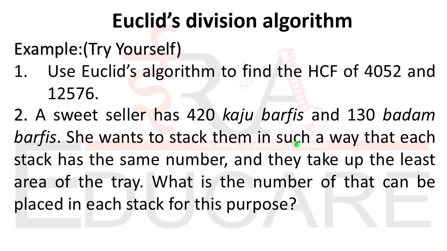So how do you arrange the tray? The area of the tray used should be the least, right? So you just find the HCF of 420 and 130, and by using it you get the number of sweets in each stack, right?